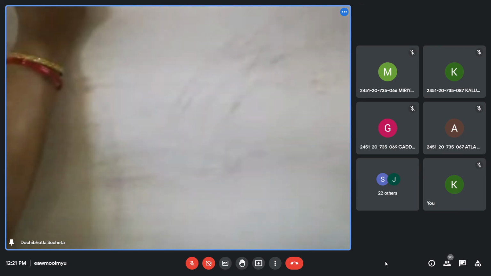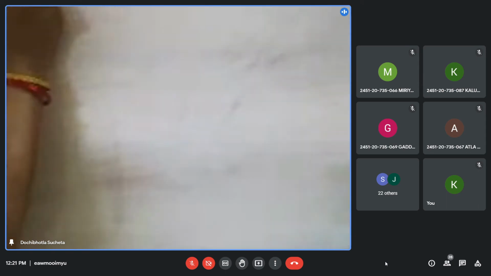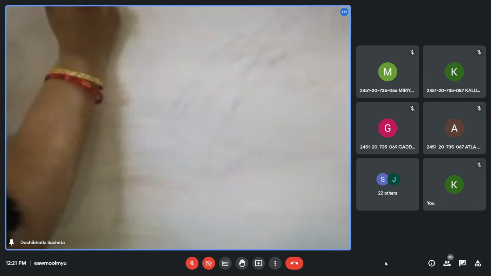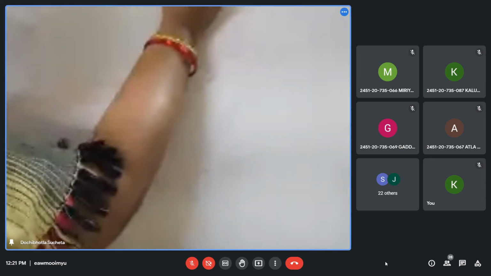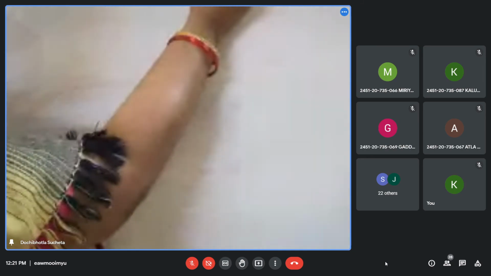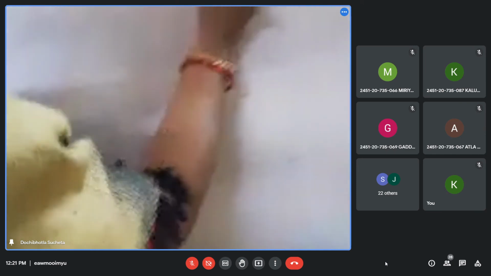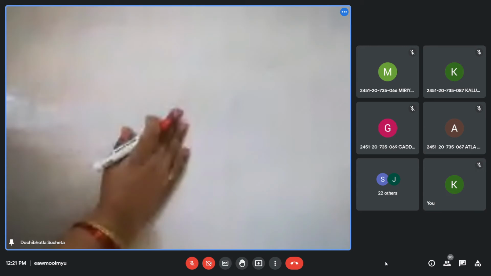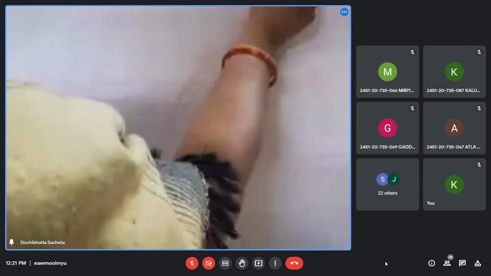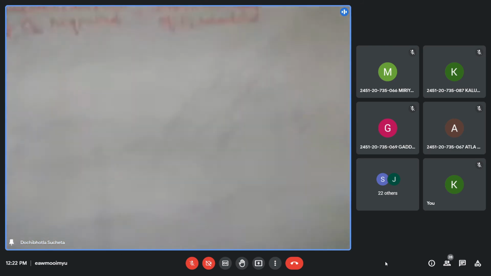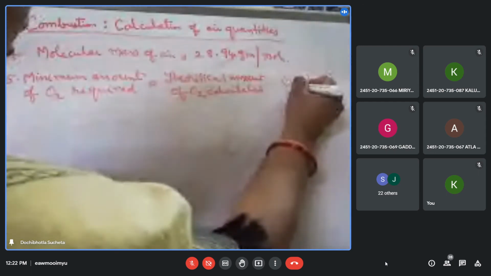Minimum amount of O2 required is equal to theoretical amount of O2 calculated minus O2 present in the fuel.